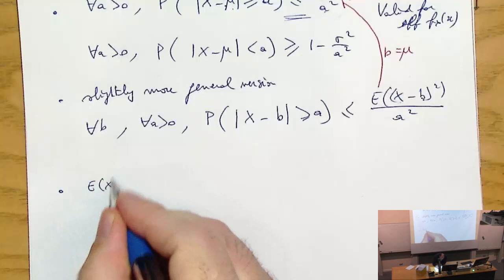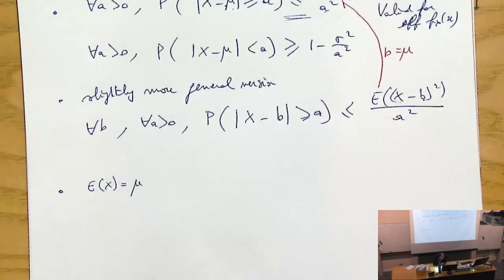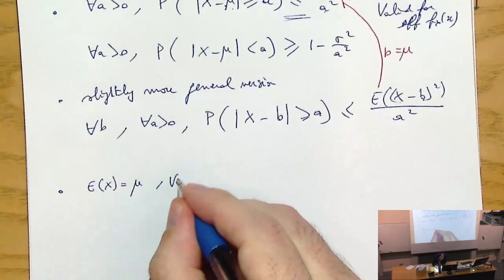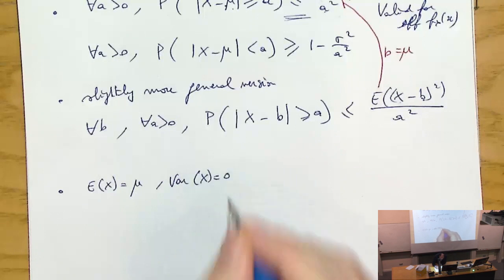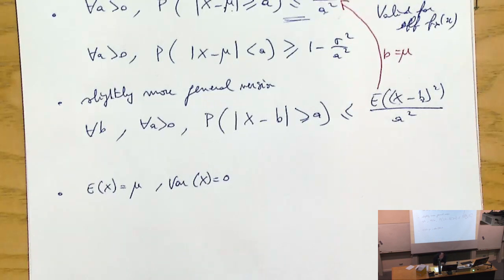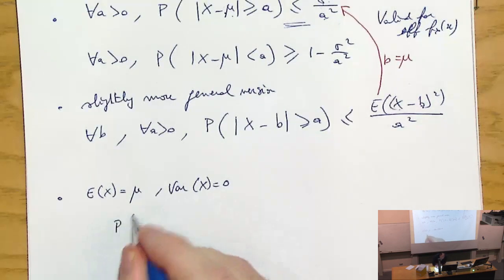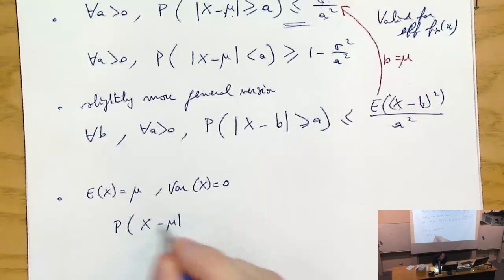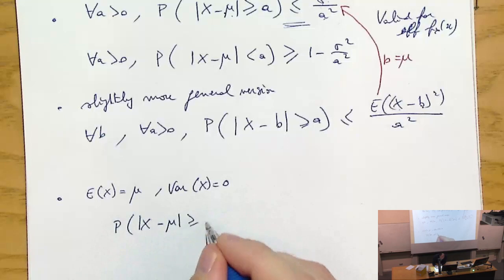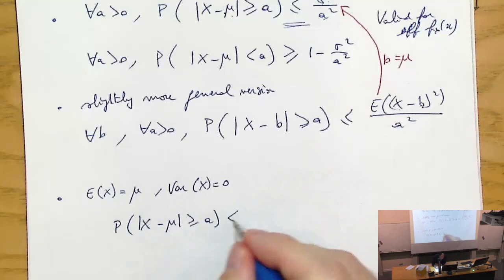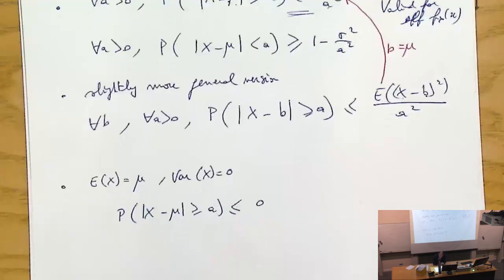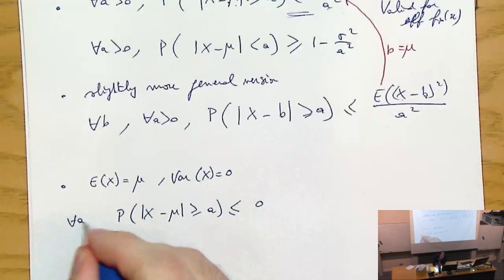So imagine I have expectation of x is indeed mu, but the variance of x is 0. If the variance of x is 0, what does that mean? I can write p of |x minus mu| being larger than a is smaller than 0 for all a positive.